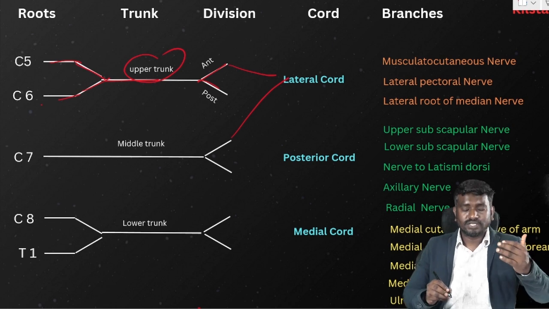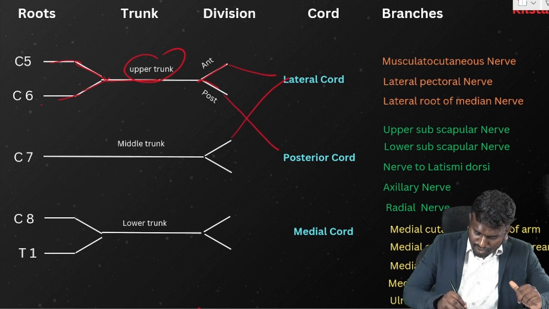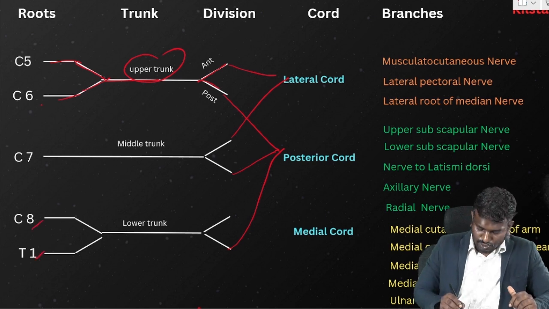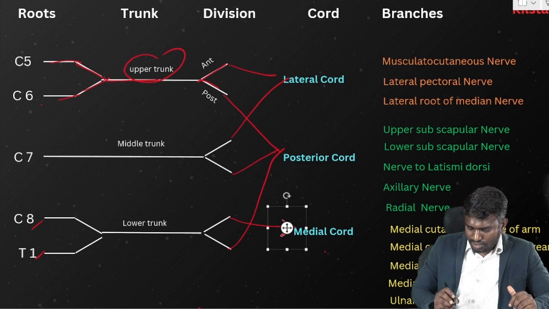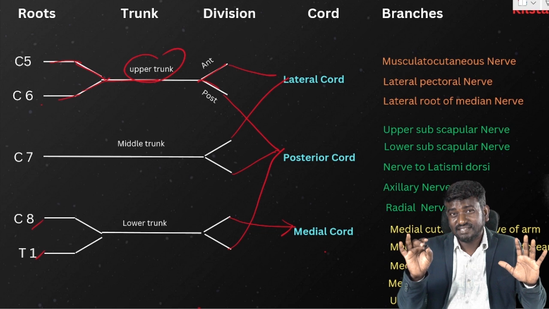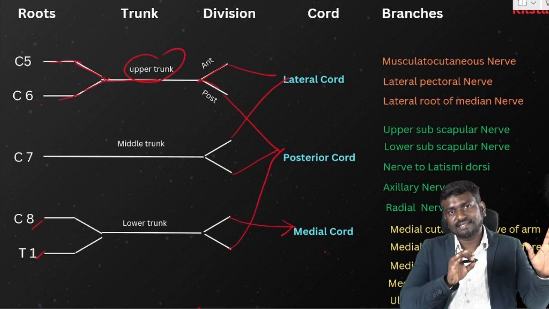All the posterior divisions are going to form the posterior cord. Very easy. And then the C8 and T1 lower trunk anterior division will form the medial cord. If you practice the diagram, it will become very, very easy. Please draw and practice it.